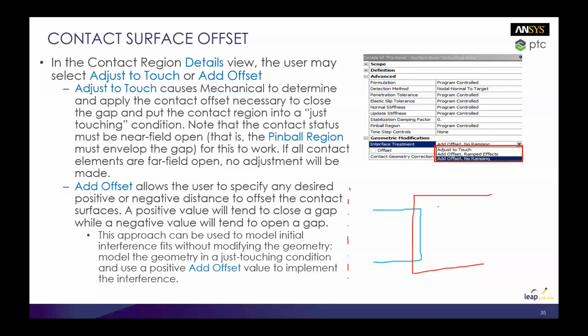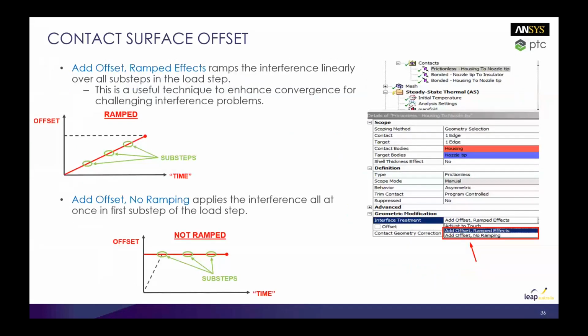So there's this interference here. When the solver solves, it will reduce this interference and then create internal stresses in the parts. The way we achieve that is with an add offset.